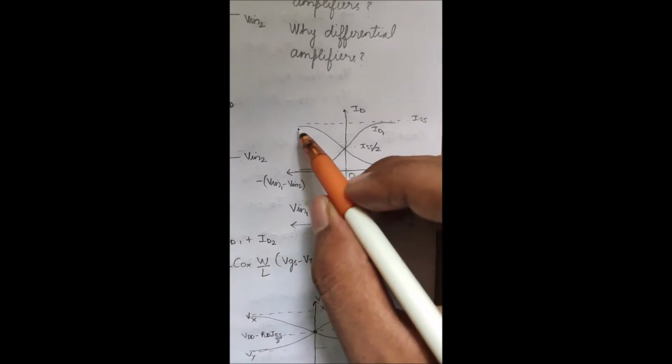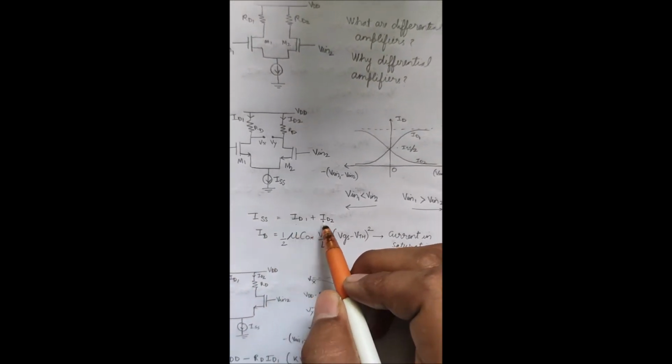As you can see, this curve represents ID1 and this curve represents ID2. At the extreme of this axis, that is when VN1 is very much greater than VN2, ID1 will be very high, almost equal to ISS, and this ID2 curve is almost equal to 0. As I said earlier, ISS is nothing but the sum of ID1 and ID2.